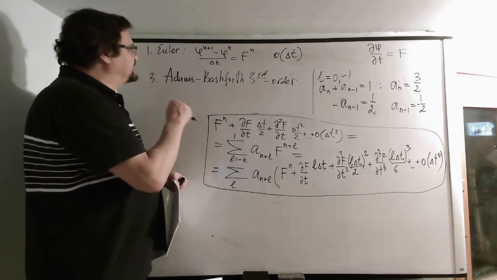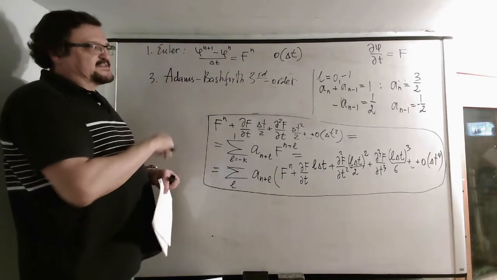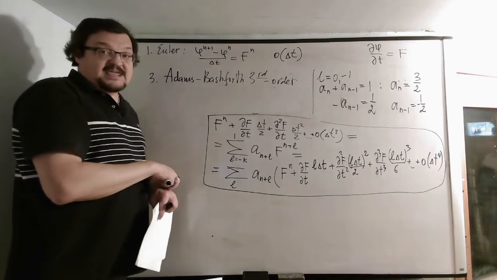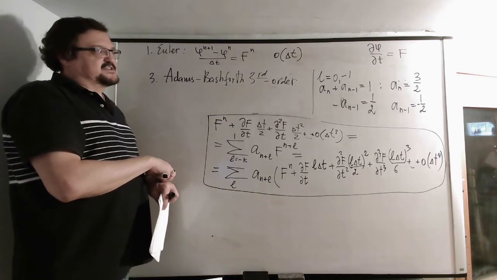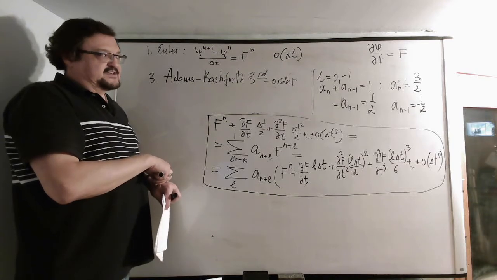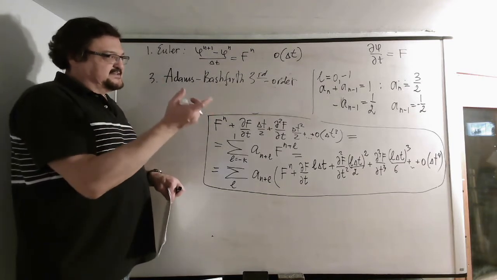It was my choice because of this nice property that it's actually stable for advection of second order in the right hand side.